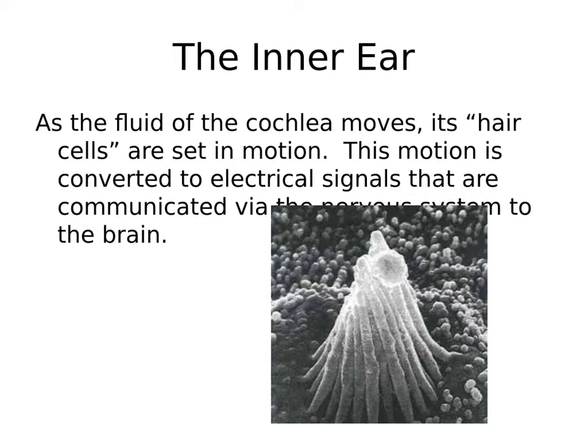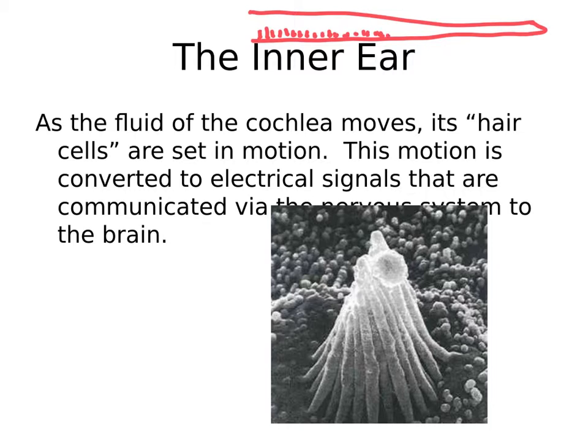Now, as that fluid moves around in the inner ear, it'll move in the part of the ear called the cochlea, which you saw in the previous diagram, which looks kind of like a snail's shell wound up into a spiral. But if we could unravel that spiral, we would see a long tapering tube with tiny little fibers or hairs all the way along the tube. And they go from fairly long at one end to really, really short at the other end.